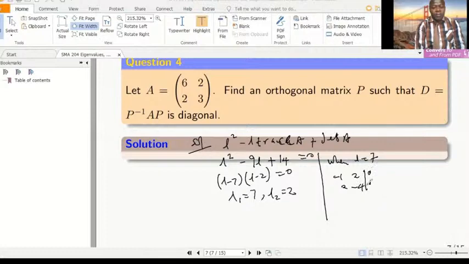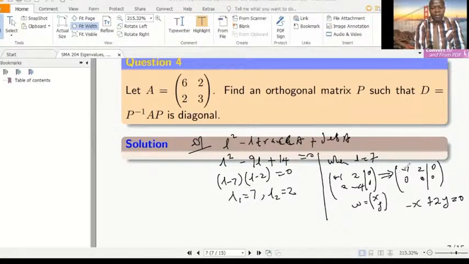Multiply this by 2 and add it to this, there was 0, and then 0. So what we then have, if W was (x, y), is negative x plus 2y, where x is a leading variable and y is a free variable.